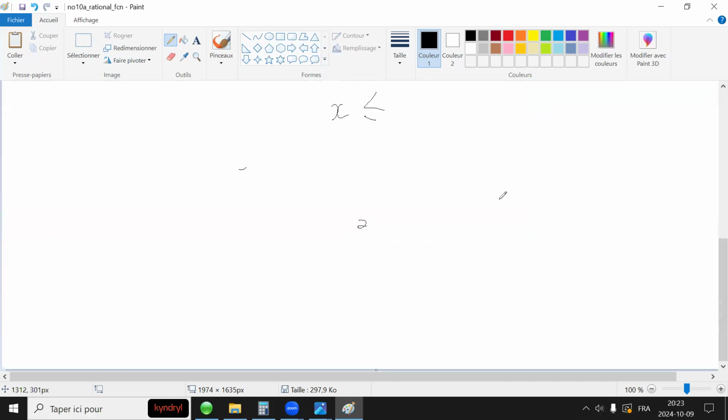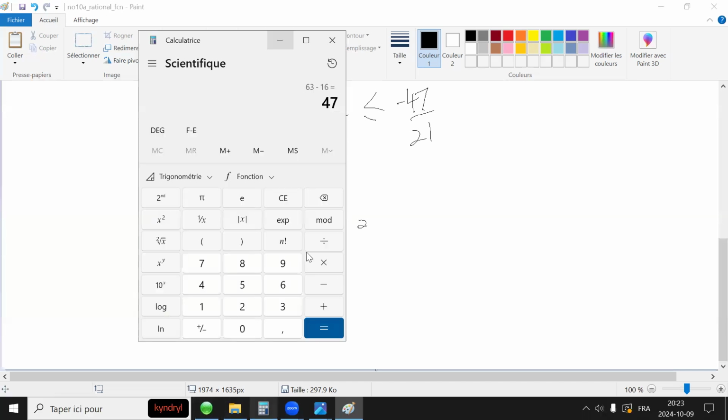If I give it in decimals, it gives me something like 2.2389 and so on, and there's a period somewhere which is quite long, 23 80 95, 23 80 95.